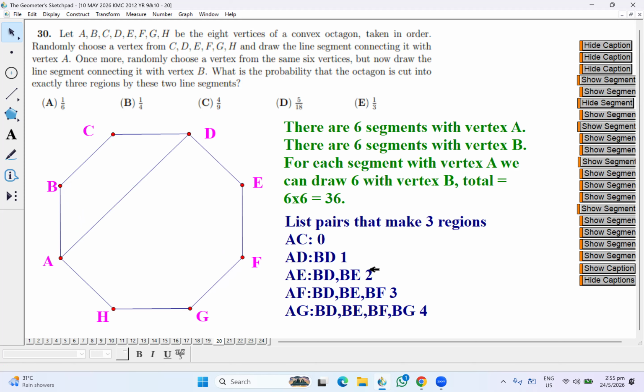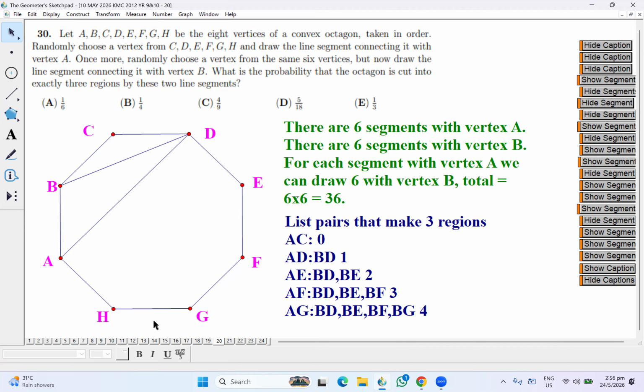Now we do second one, AD. AD, we want to have 3 region. All this side sure cross one. You join to B sure cross one. So only one that don't cross, BD, only one segment don't cross. Like that. 3 region, 1, 2, 3.